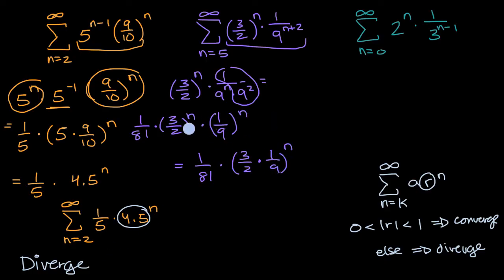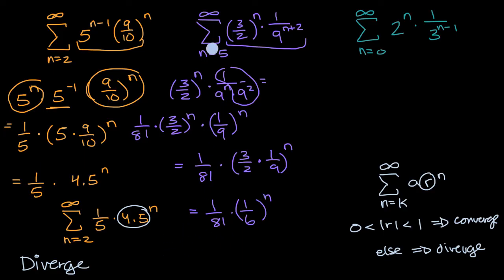These are just exponent properties that I am applying right over here. So this is going to be equal to 1/81 times, let's see, 3/2 times 1/9 is 3/18, which is the same thing as 1/6, times 1/6 to the nth power.